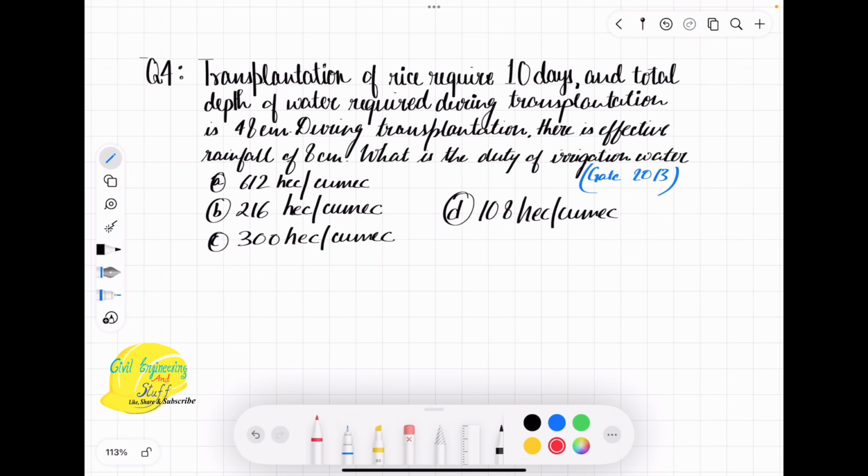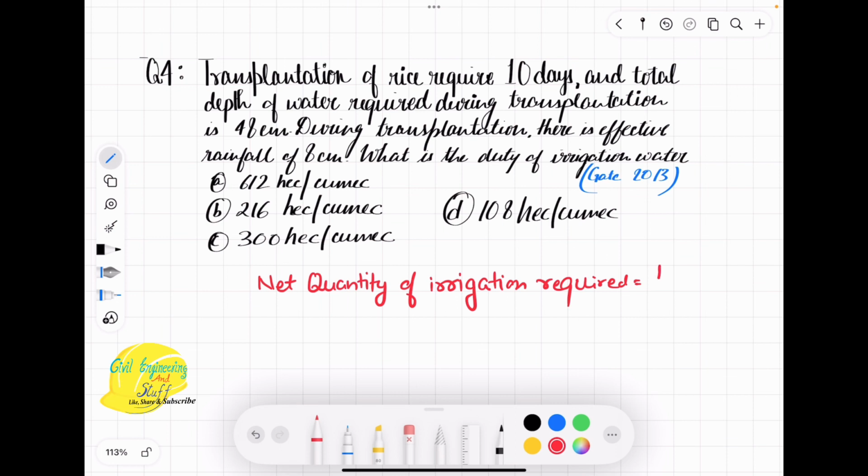Now, as and when we do irrigation, and we know irrigation is artificial application of water, we are going to fulfill what will be the net quantity of irrigation required?